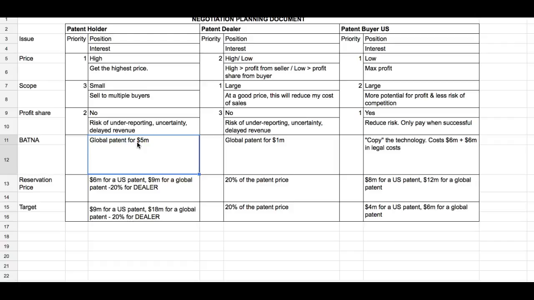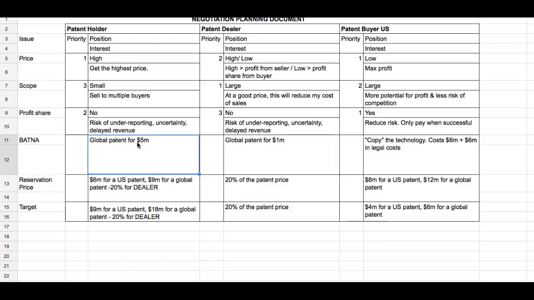But if the buyer knew that, it means the reservation price must be less than 12 million. Absolutely. So if the patent holder gets cocky and asks for 15 million, then the patent buyer will say, "Well, forget it. I'm not going to play along with you.